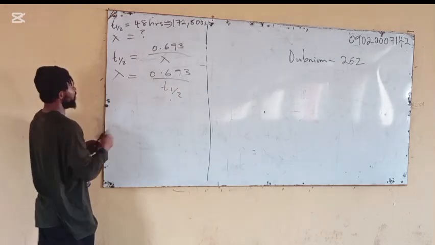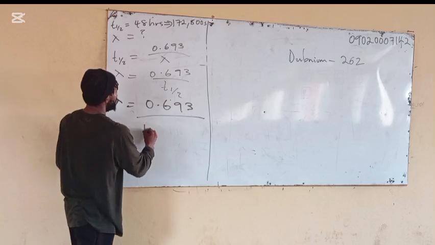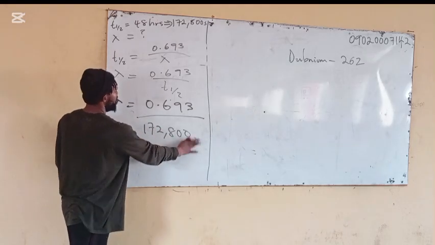So if I do it, I'm going to have that lambda is equal to 0.693 all over 172,800 in seconds. Punch it for me.